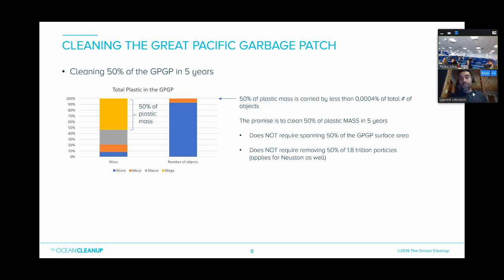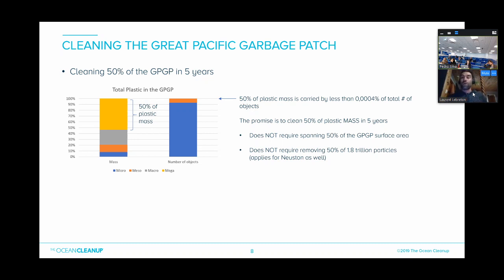And then the second point is the same. It's like removing 50% of the plastic mass in 5 years, and that's what the graph shows on the left. It doesn't mean we want to remove 50% of 1.8 trillion particles. And that applies for the sun as well. Because, to start with, it's unrealistic, even with like 60 systems of 600 meters long, it's impossible to hope to get 50% of those trillion particles, right?